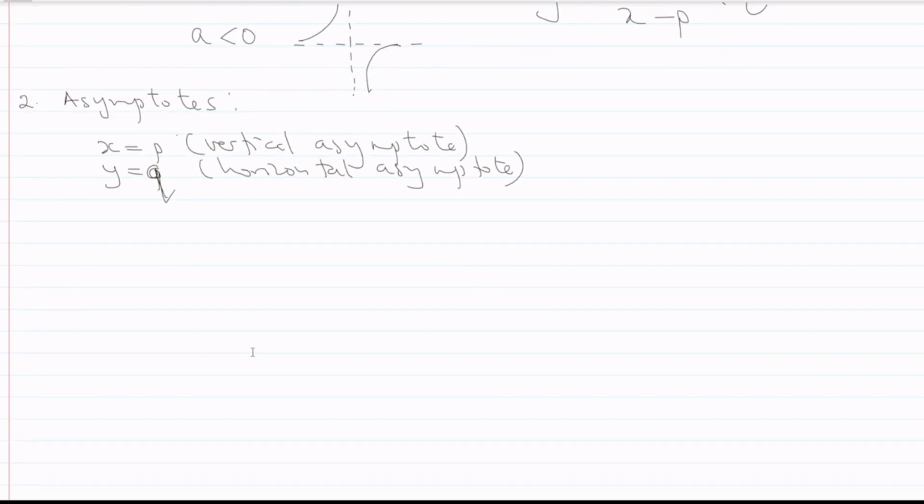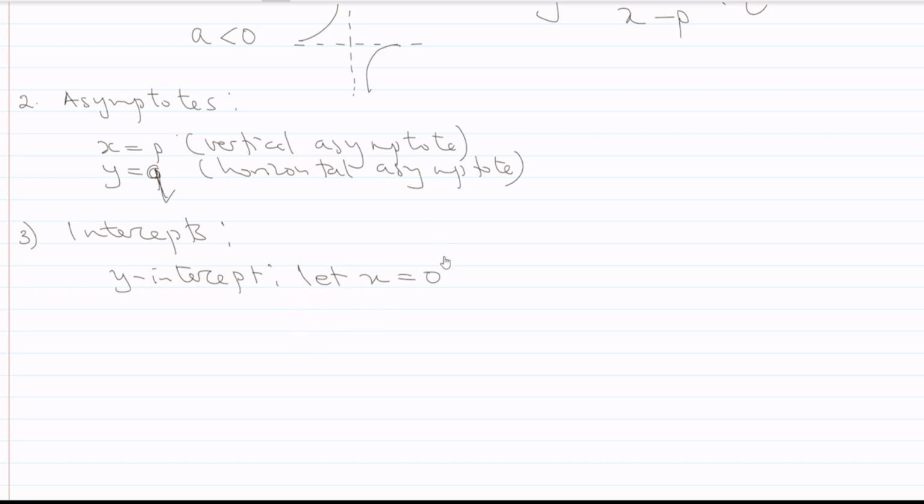The third one is the intercepts. Now the intercepts, remember, we have the y-intercept, just like in the parabola. And how do we find the y-intercept? We let x is equal to 0.